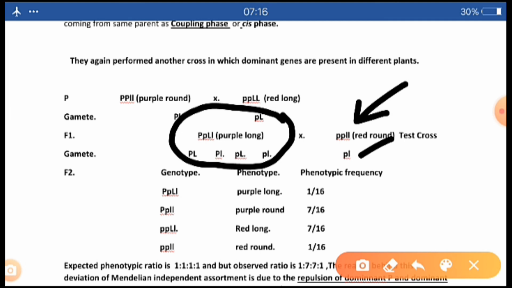Okay, so these are the genotypes of the F2 generation of this test cross. And according to this genotype, the phenotypes are like this: purple long, purple round, red long, red round. And the phenotypic frequencies are 1, 7, 7, 1 respectively.